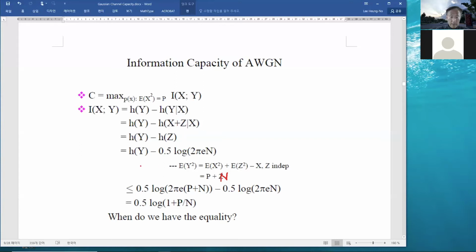So if we want to make Y Gaussian, where Y equals X plus Z, and Z is Gaussian, then X has to be Gaussian. If we choose X to be Gaussian with power P, and Z is already given as Gaussian with power N, then Y has power P plus N. As long as I choose X to be Gaussian, what I want to achieve can be achieved.